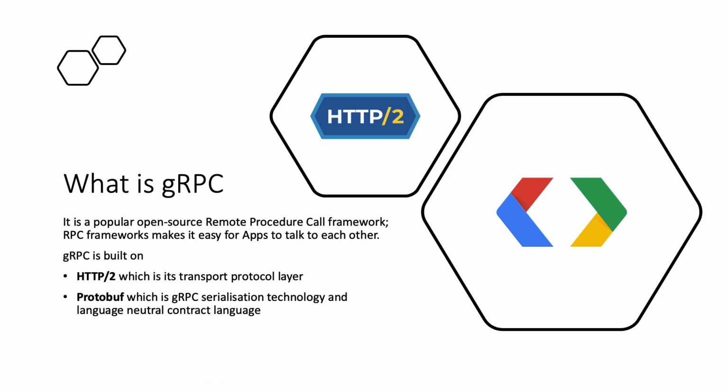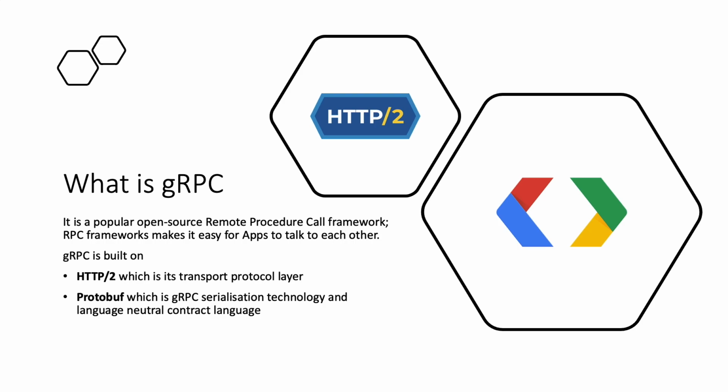So, what is gRPC? gRPC is a modern high performance way to communicate between applications. It's a popular open source remote procedure call framework. The RPC framework makes it easy for apps to talk to each other. So, gRPC is basically built on two things.